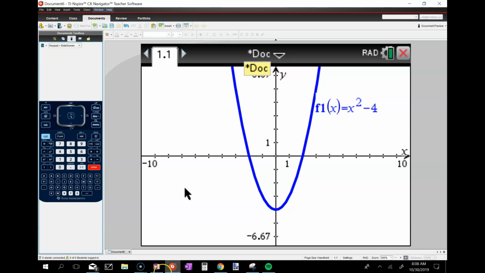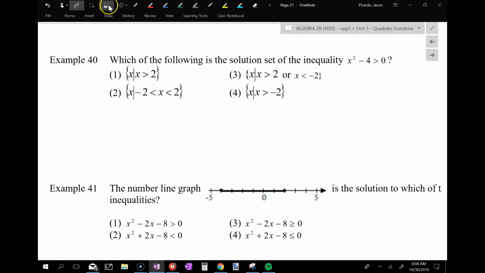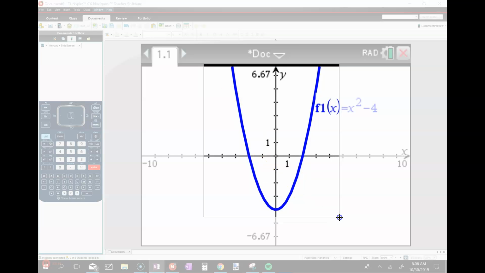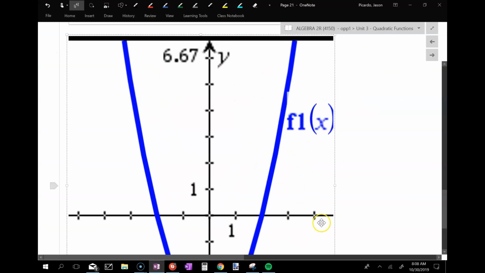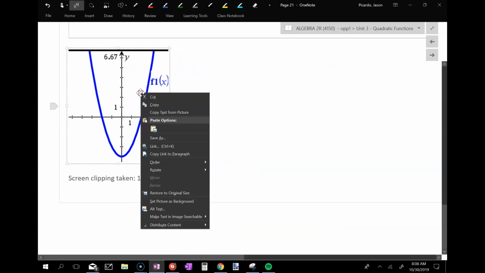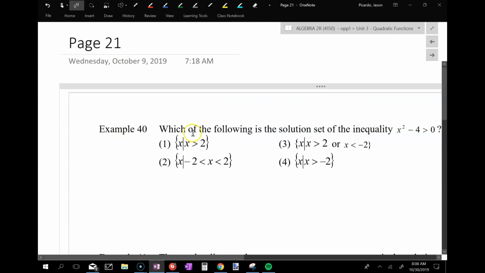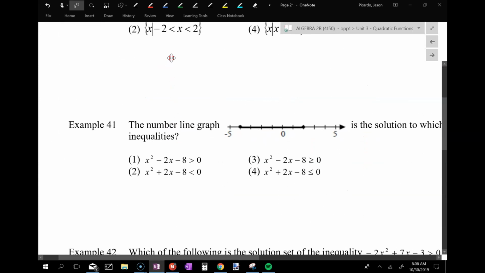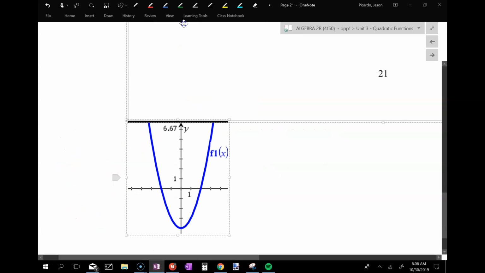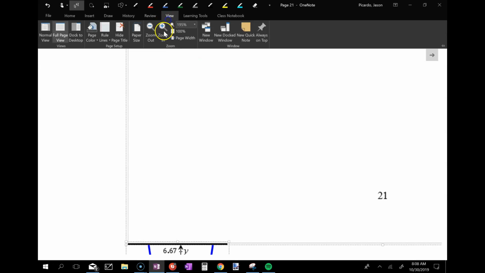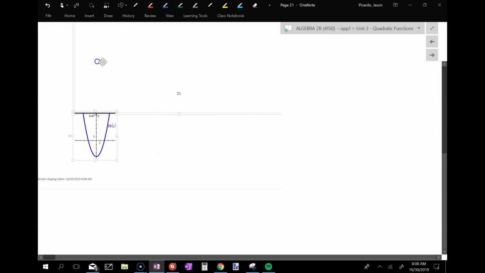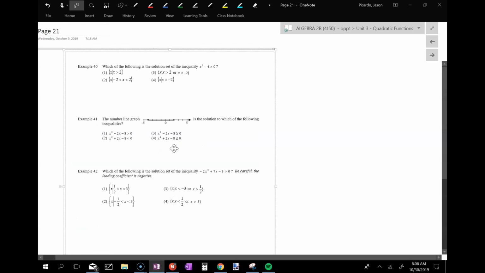Let me take a picture of that. I want it to stay up there. Why won't it stay up there? Oh, unbelievable.